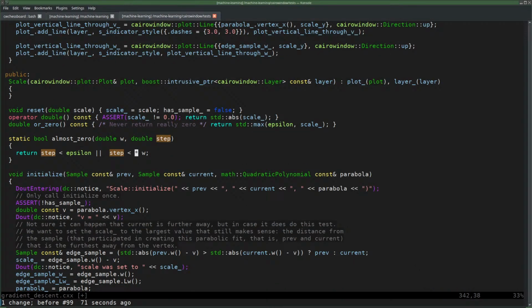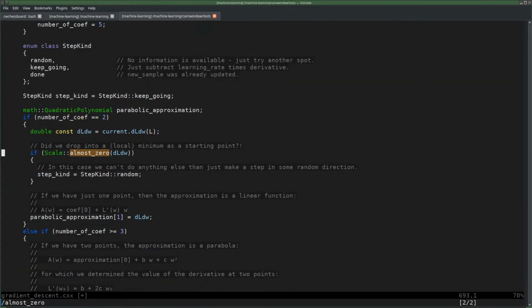Is that already defined up here? Yes, that was defined way up there. That's not where I wanted to be. Here. What did I say that it was? New sample?